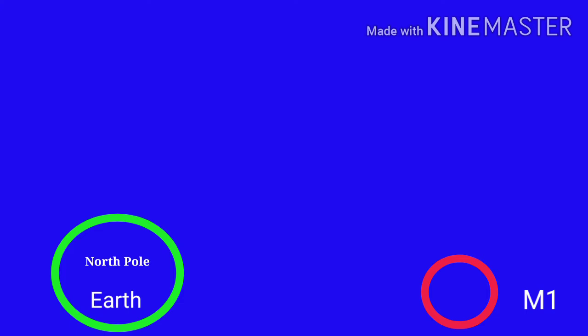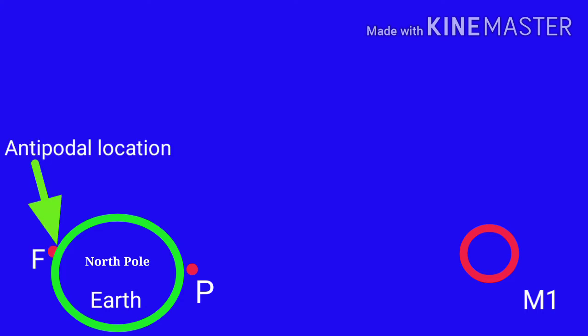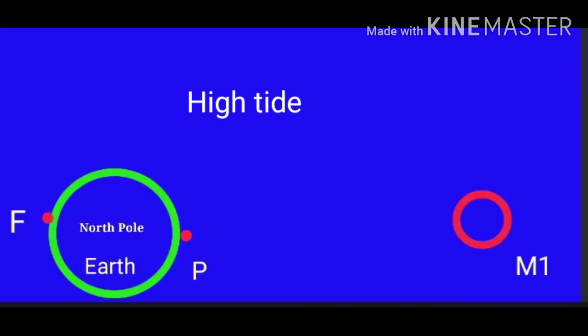There will be high tide at point P as it is opposite to the moon. As point F is opposite, that is at an antipodal location to the point P, it will also experience high tide at the same time.